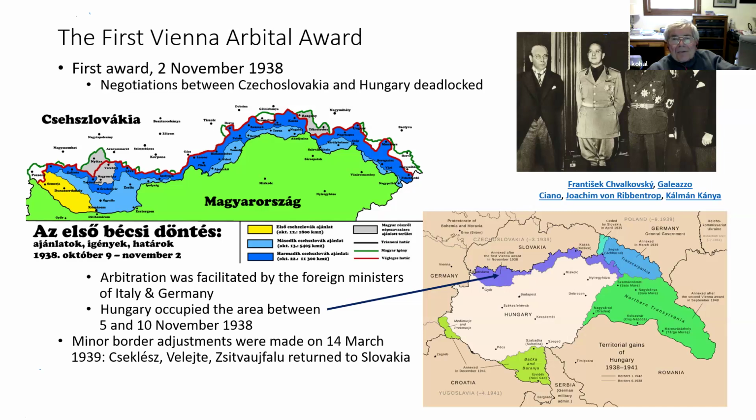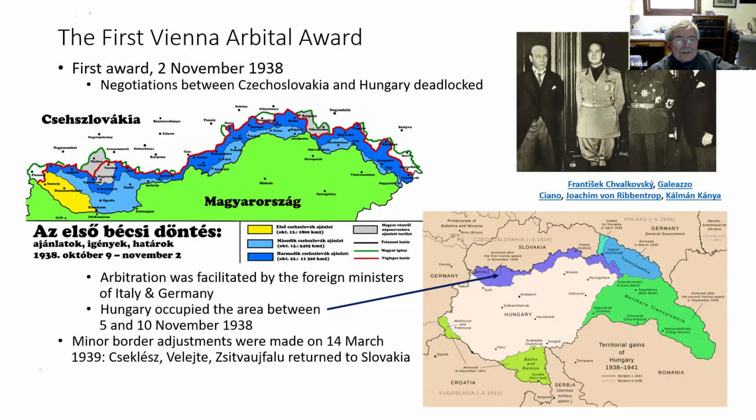And the picture on the upper right here shows the foreign ministers of Hungary and Czechoslovakia, with Ciano and Ribbentrop of Italy and Germany, respectively.